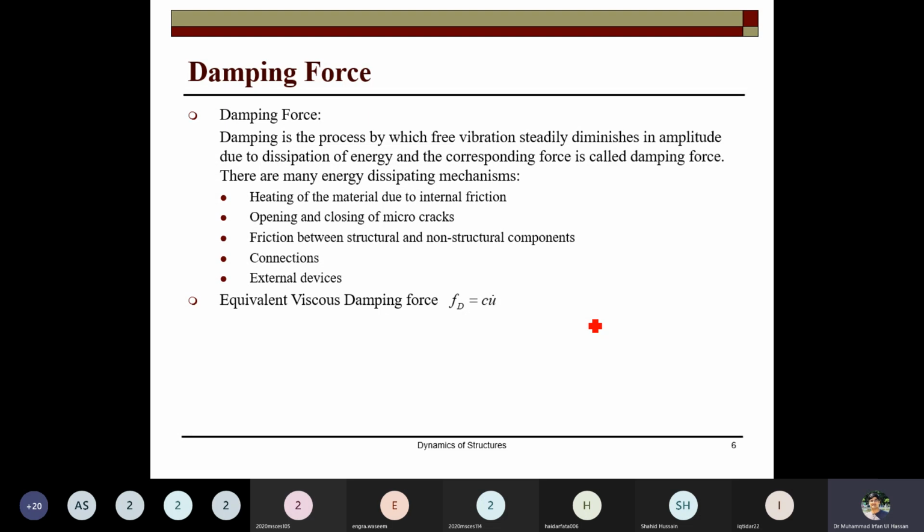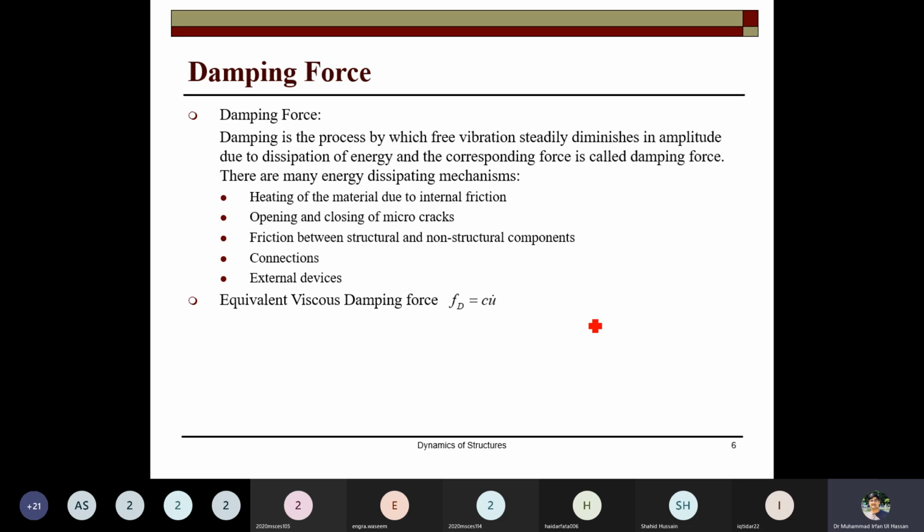Heating of the material, because the energy goes into heating the system, opening and closing of the cracks, and friction between structural and non-structural components, similarly connections and external devices. All of these are mechanisms for the dissipation of energy.